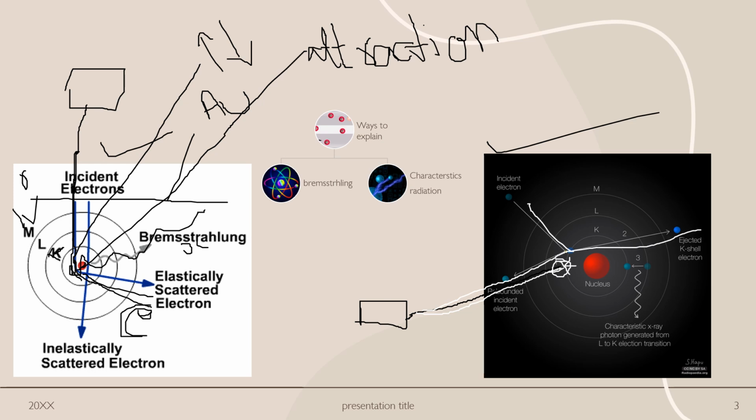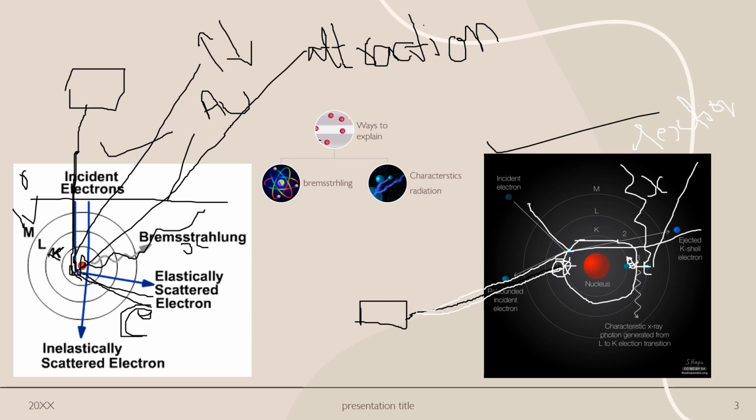In this way, a vacancy is created in the K shell, and this vacancy is filled by the L shell. An electron in the L shell fills the vacancy in shell K, and when this electron de-excites, the radiation comes out, and that is termed X-rays.